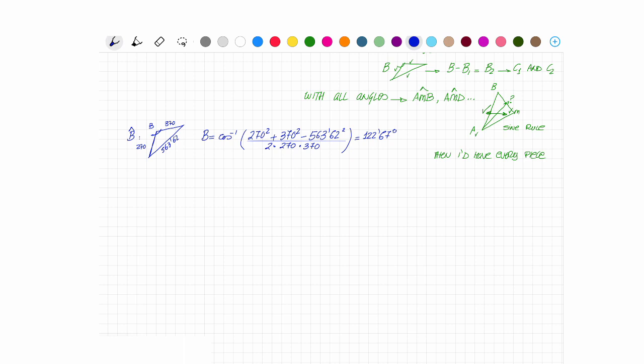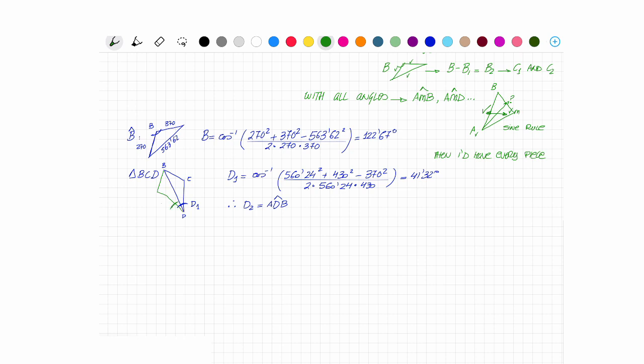And now in triangle BCD, I want to find this D1, which I'm labeling so the reader can follow me. Remember, always label everything. And it's again another cosine rule because I know the sides of the triangle. D1 gives me 41.42 degrees. And to find D2, which is the other part, I subtract from 70. It gives me 28.68 degrees.